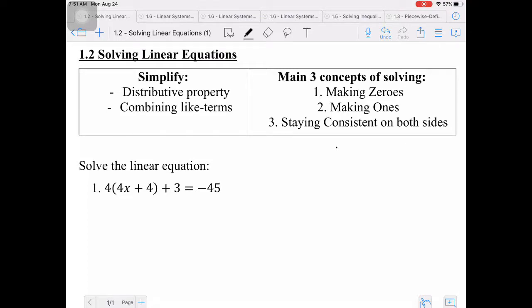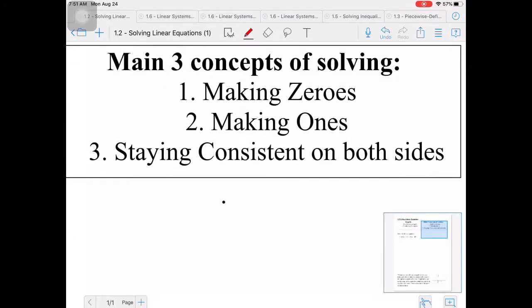In terms of the main three concepts, I like to refer to solving equations as those three main concepts. If you are able to do those three things, you're set. You're good to go. So what are those three main concepts? The first one is making zeros. In order to solve equations, you need to be able to make zeros, and for that you gotta think of addition and subtraction.